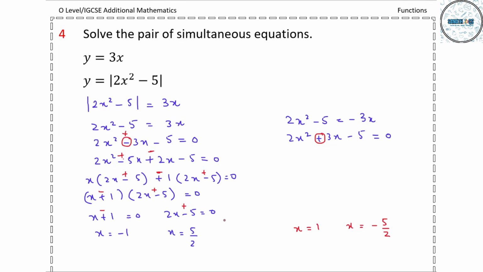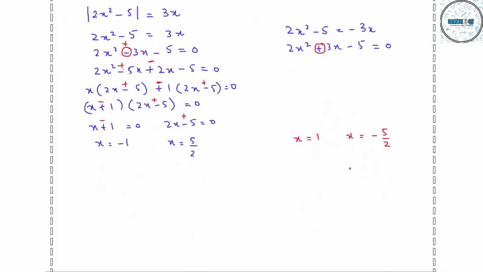Now we will check whether these values are satisfying this equation or not, for which we will substitute these values in this absolute equation. First of all, we will substitute minus 1: 2 into minus 1 squared minus 5 is equal to 3 into minus 1.